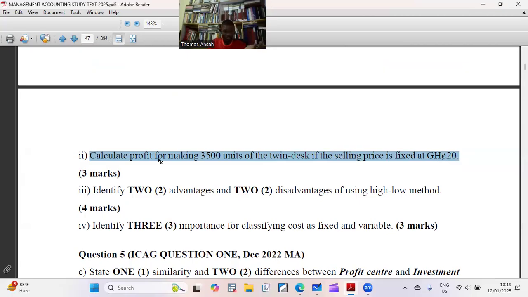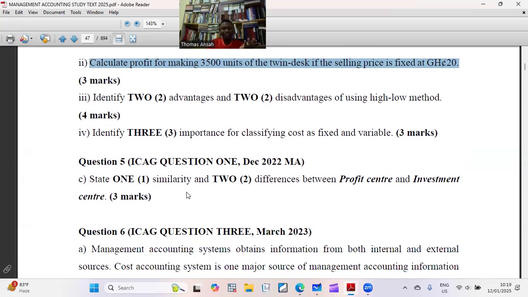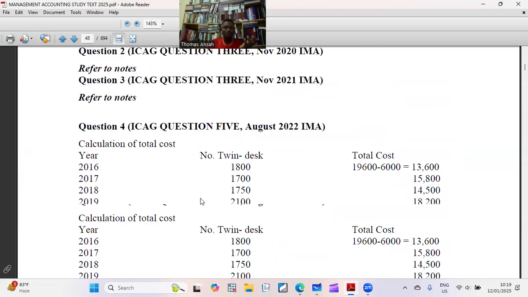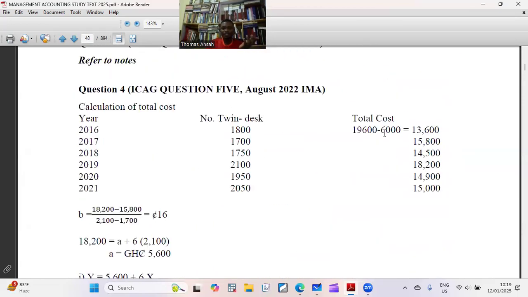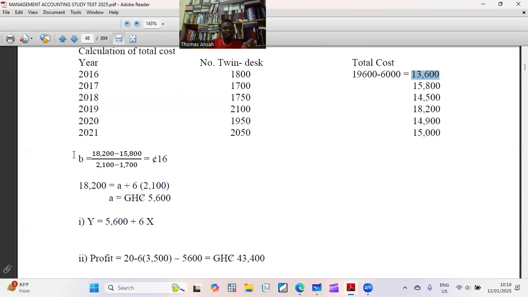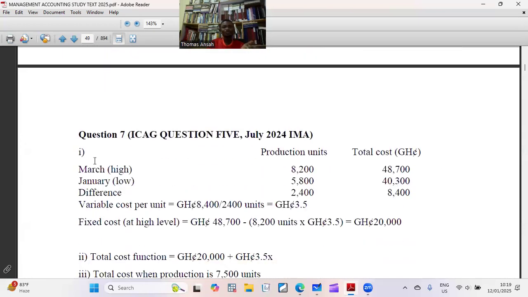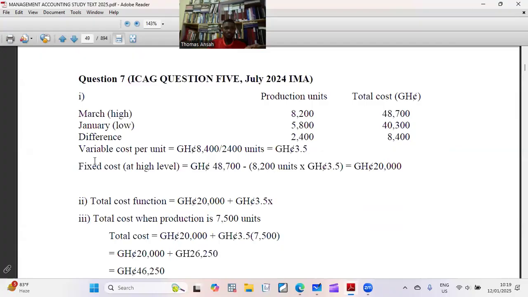So you can get the profit. The rest is high-low method advantages. If you check the solution, you see that I've shown you how you get the cost. I just did the first one for you, but you should be able to understand the others. Is that okay? When you're able to get the others, you do it, you get your function and you go. As for the theory, you refer to the notes, and this is it.